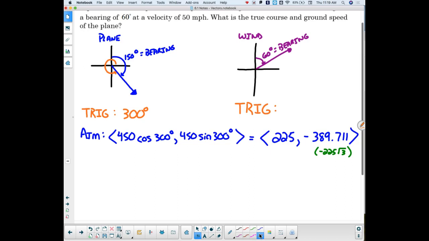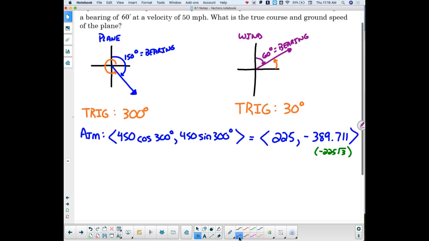No. 30. Yep. Bearing comes off of up top and goes clockwise. Trig comes off of straight right and goes counterclockwise. Trig is like unit circle, yes.